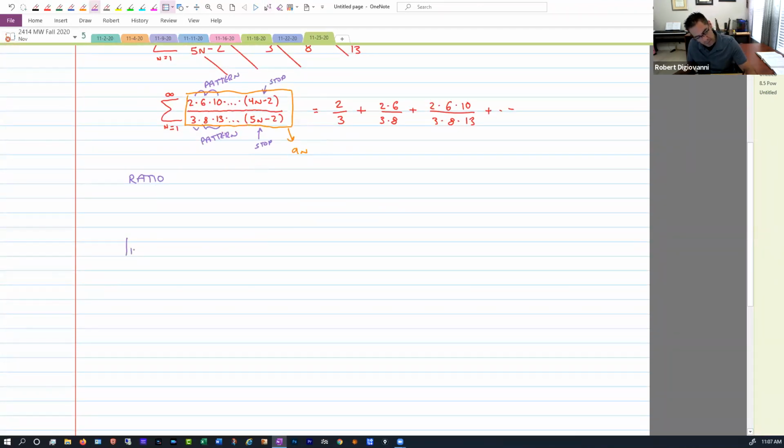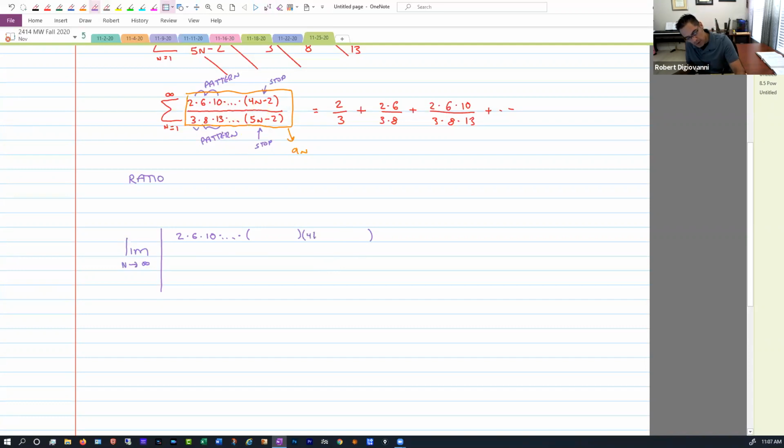I need to take the limit as n goes to infinity of the absolute value. So what I need to do is rewrite this, but stop at n plus 1, right? Not at n. So watch the way I do this, because if you don't write it this way, you're going to get yourself into trouble with it. I'm going to go 2 times 6 times 10 times dot, dot, dot, times, I'm going to leave a space here. And at the very end, the last one would be what I get when I plug n plus 1 in here.